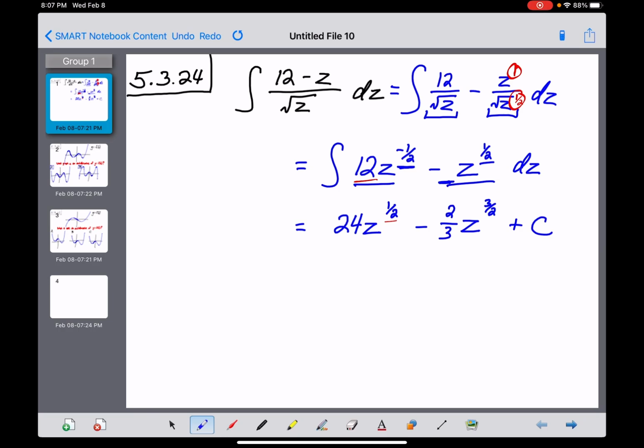Now, that answer right there is perfectly fine. If you were so inclined as to write this with radicals, which kind of matches the format of the original integrand, you could also write this as 24 times the square root of z, minus 2/3 times the square root of z, and you could put a cube either out here, or you could put the cube underneath the radical.